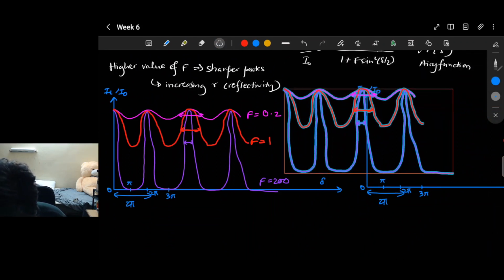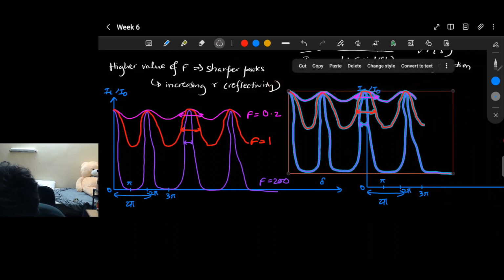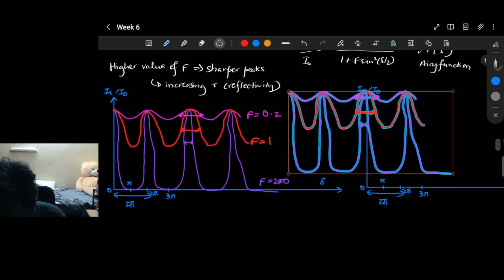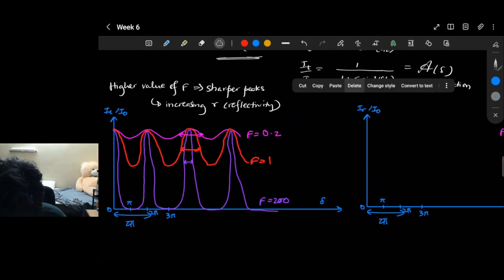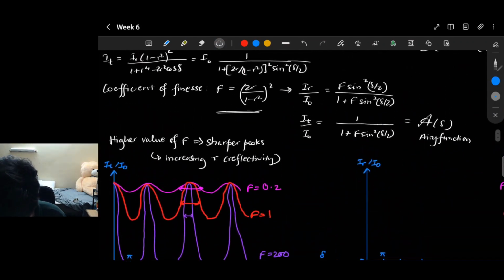Is that not an option? Sad. Can I not rotate? Okay, let me then delete and draw again.